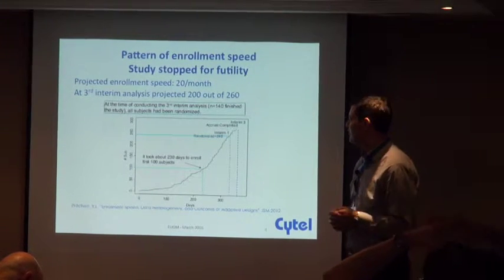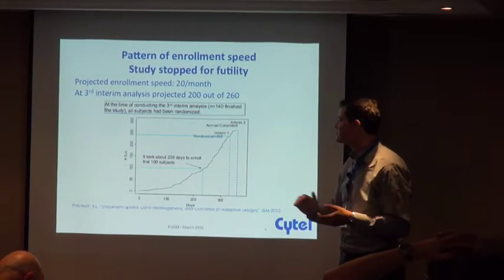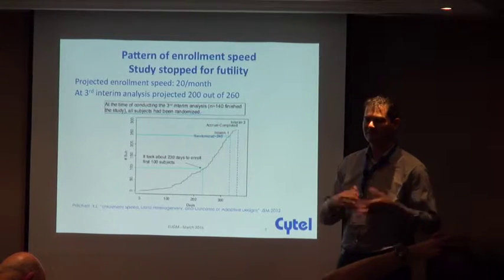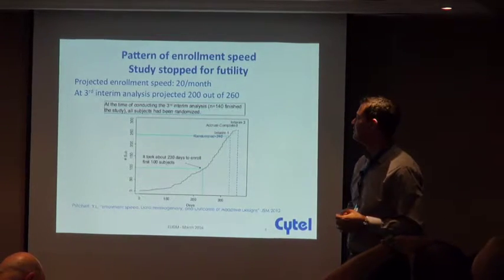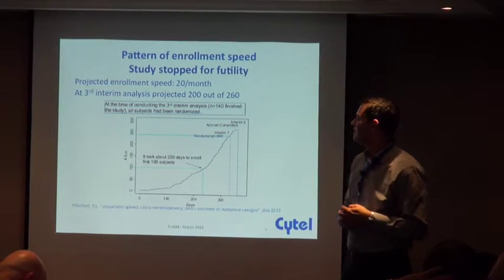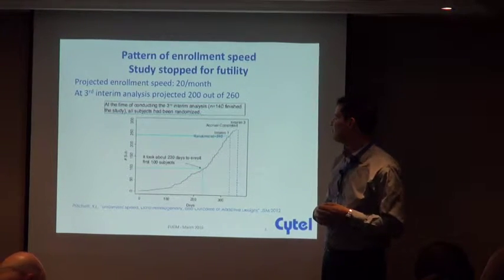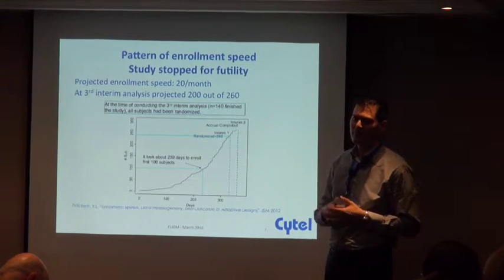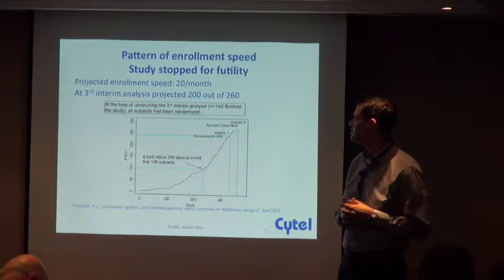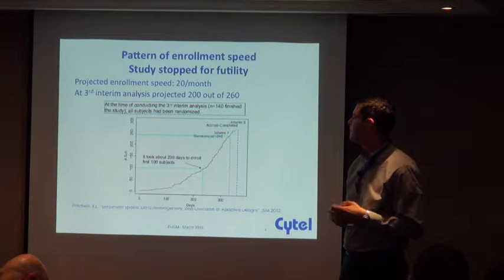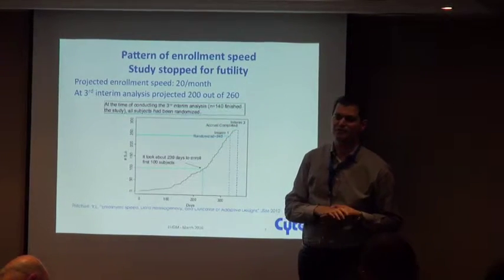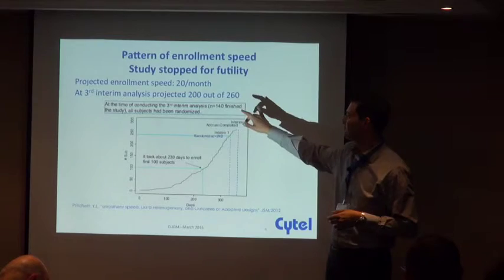So here's a picture from her slides. I'm just sort of going over some of her slides here. But when they designed the trial, they naively sort of said, OK, the projected enrollment speed is 20 patients per month. Based on that, their 3rd interim analysis was planned to be after 140 patients had finished the study, they were planning to be at 200 subjects, so a saving of 60 subjects.